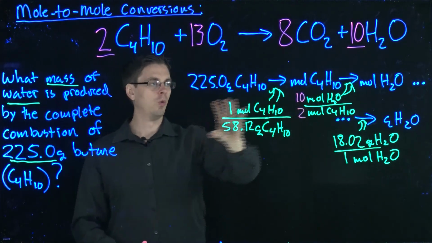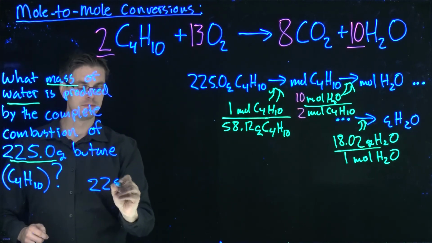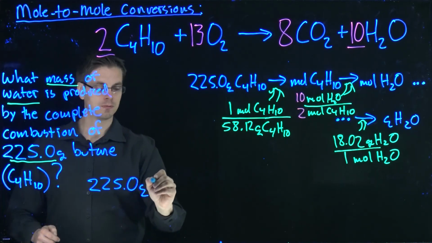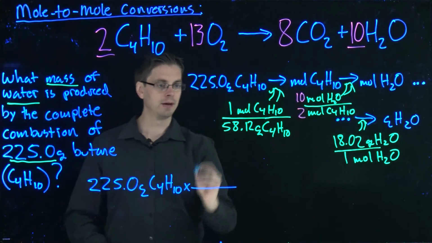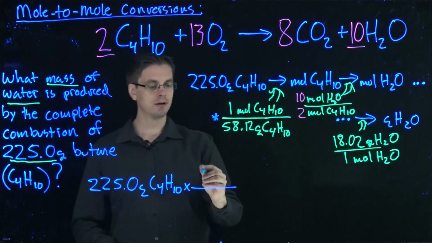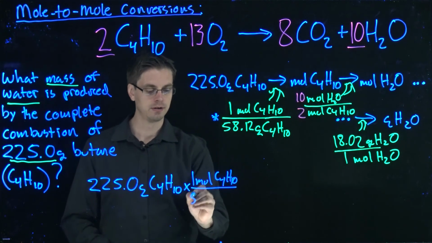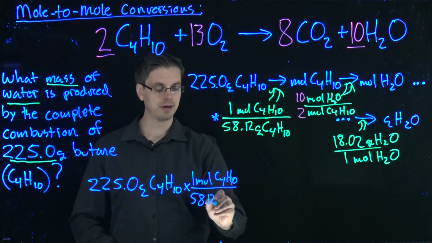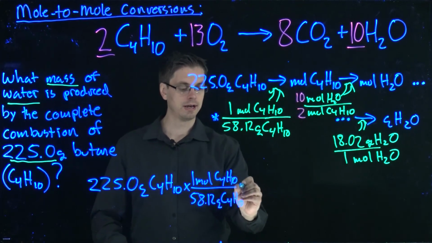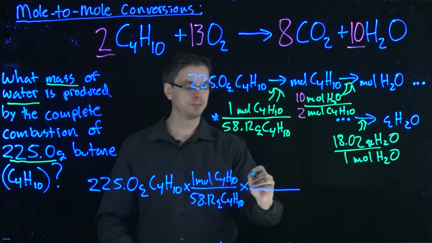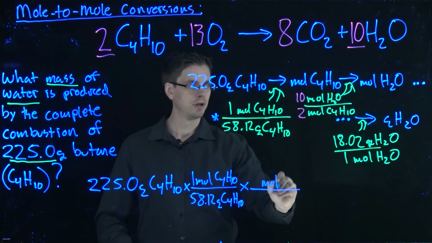Okay, so putting all of this together, we're going to start off with our given amount of reactant. We're then going to use that molar mass, this guy right here, and we're going to convert to moles of C4H10, which essentially amounts to dividing by that molar mass that we obtained from the periodic table, adding up the contributions for every one of the elements involved in building up that compound.